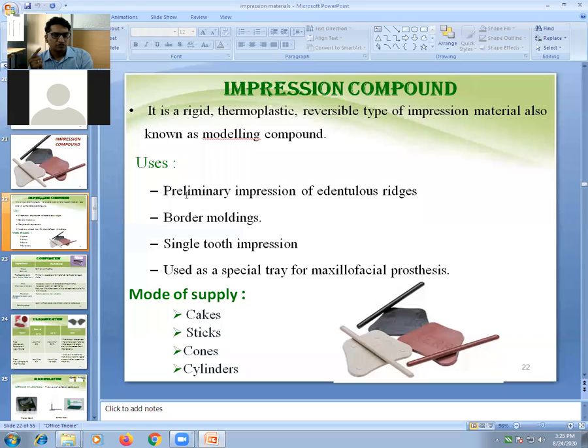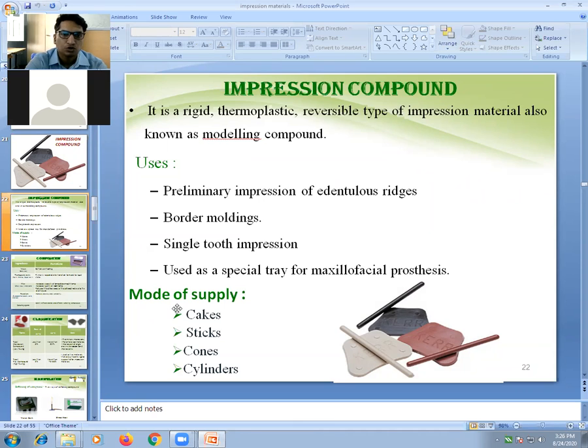The first step is making a preliminary impression, for which we use this impression compound. The second step is border molding and final impression, where we use this stick form of impression compound.